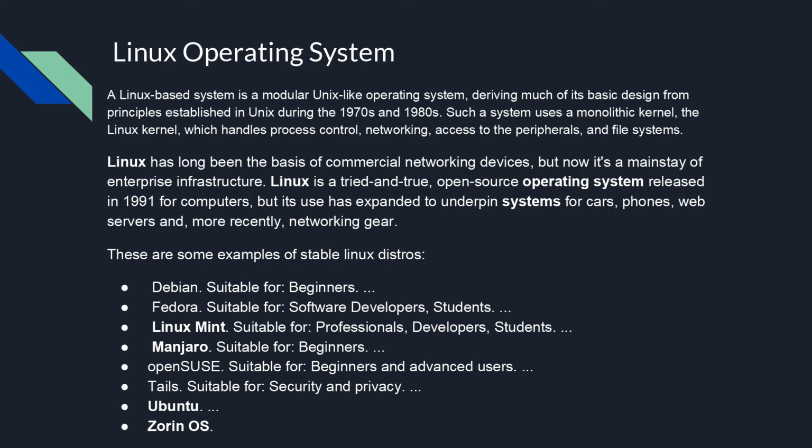Manjaro is suitable for beginners. OpenSUSE is suitable for beginners and advanced users. Tails is suitable for security and privacy. Ubuntu and Zorin OS, based on my understanding, are suitable for advanced users, just like OpenSUSE.